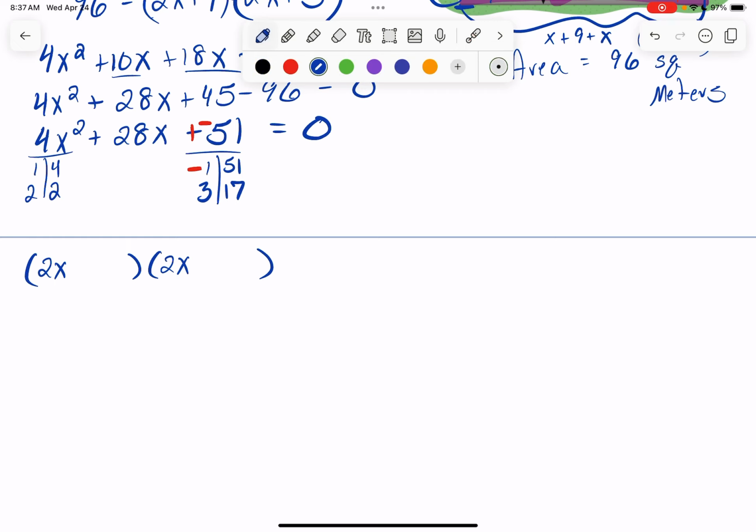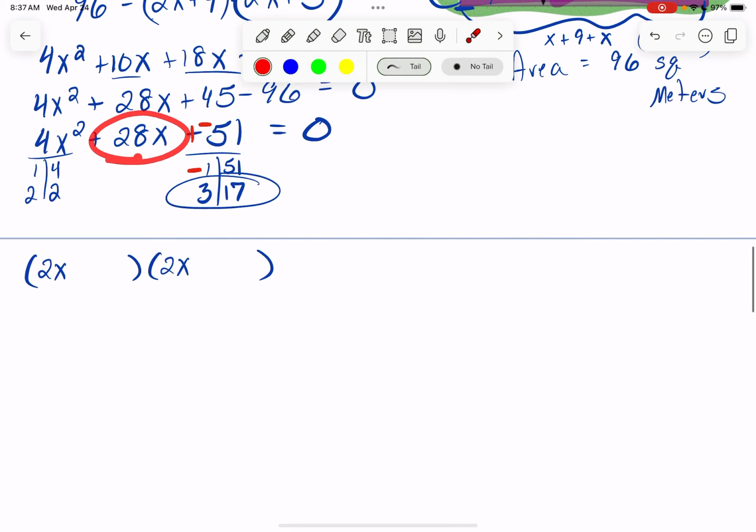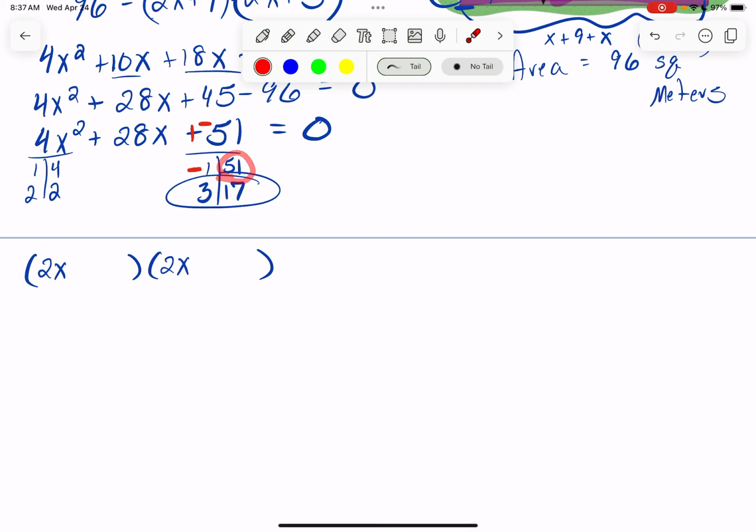So I'm going to pick the smaller numbers, and I think I'm going to do 3 and 17. Again, 28 is not that big, and if I use 51, I'd have to multiply it by 2, which would make it too big. So we'll do a negative 3 and a positive 17. Again, I have to have a negative 51.